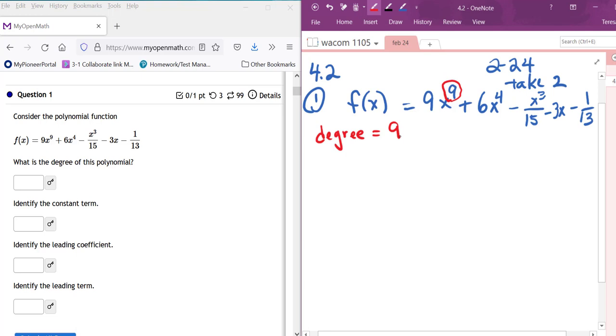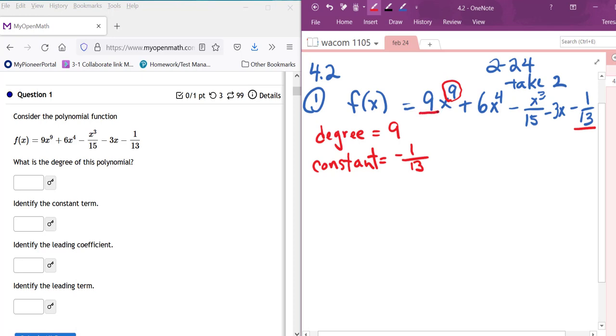They ask us to identify the constant term. The constant term is going to be negative 1/13. The leading coefficient is the coefficient on your degree term.